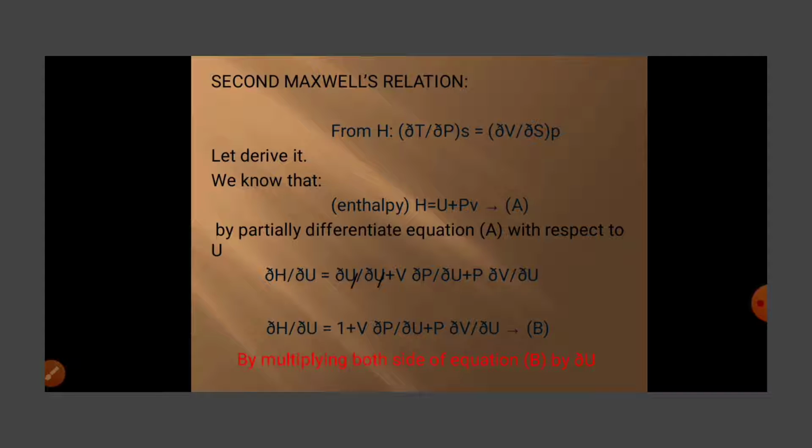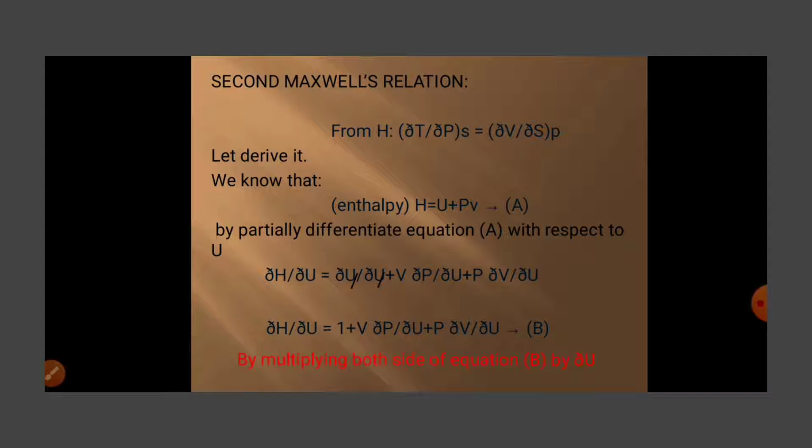So equation A will become ∂H/∂U equals ∂U/∂U plus, since we have a product of P and V, we differentiate as first constant times second derivative plus second constant times first derivative.